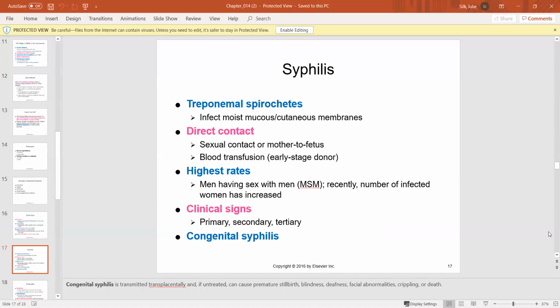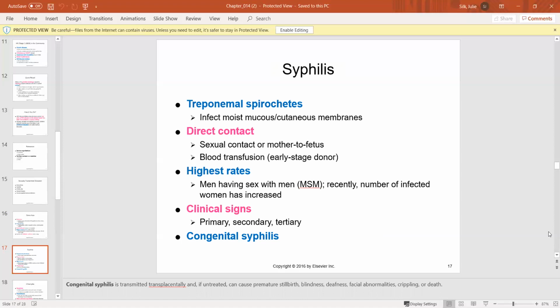All right, with syphilis, this is someone who gets infected with this specific, I can't say it, treponema spirochete. It infects moist mucous or cutaneous membranes. Usually you would get it through direct contact, sexual contact, or mother to fetus, or through a blood transfusion.